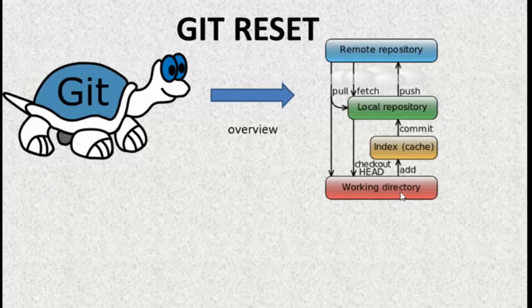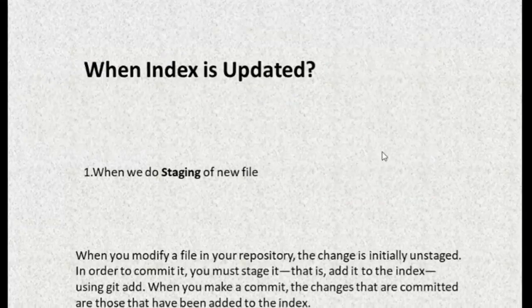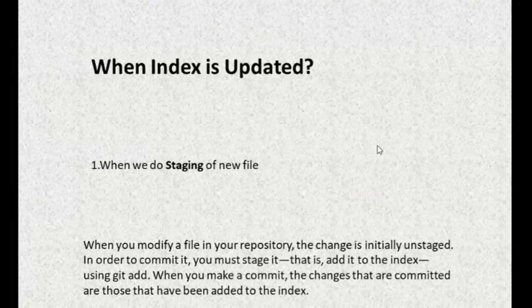It will be updated in the index cache, and then you can perform the commit operation. When you add a new file, it is called unstaged mode. When you add that file to the index cache, it is called the staging process. So when the index is updated, that is the staging process.